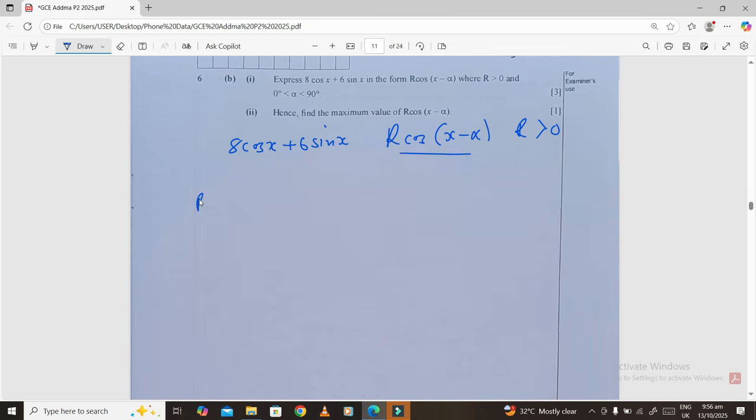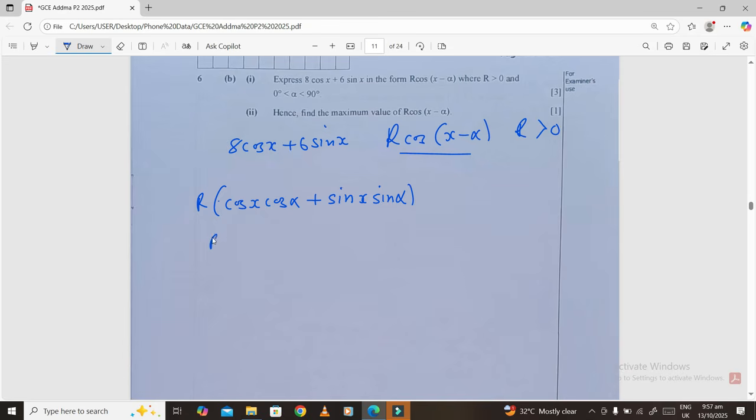So we're going to say r, open bracket, cos x cos alpha. This is an identity I'm using. Plus, here it will be sine x sine alpha. Okay, so I'm just using trig identity for this one.